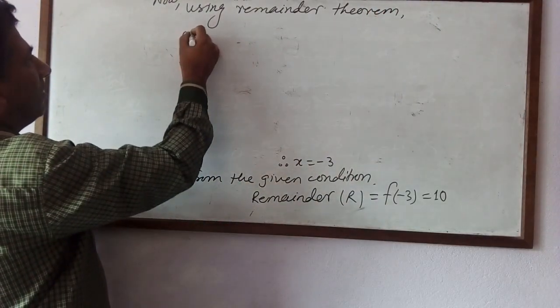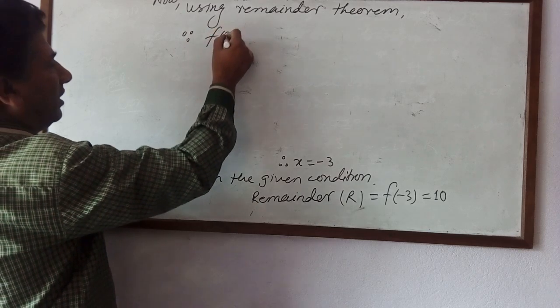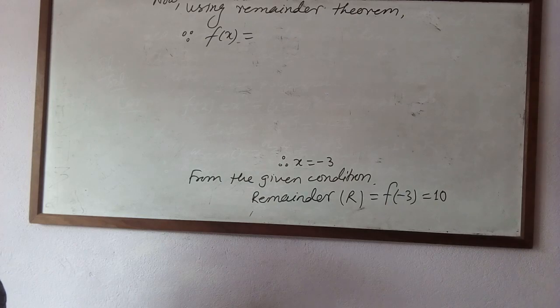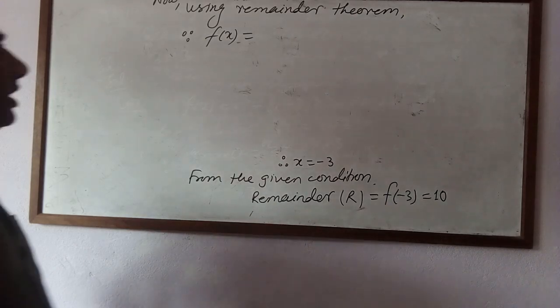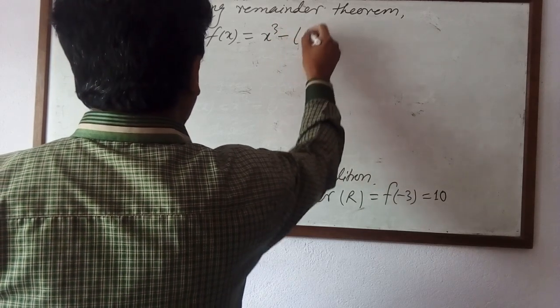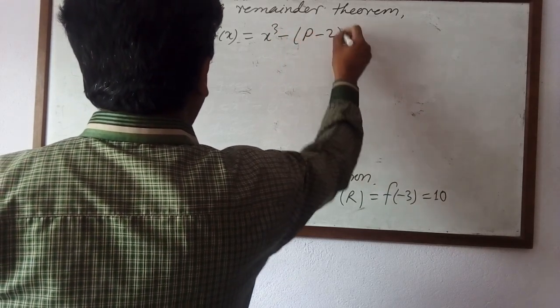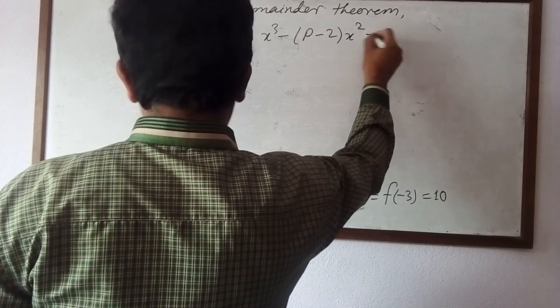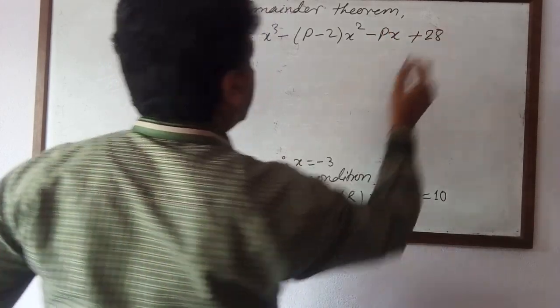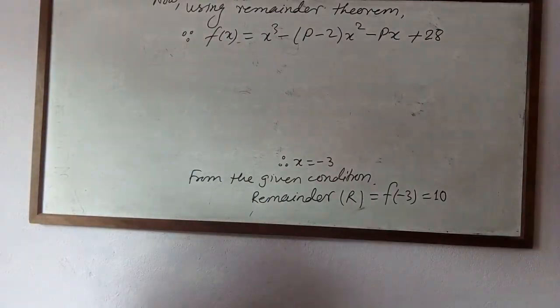Since f(x) is our polynomial, f(x) is x cubed minus (p minus 2) x squared minus px plus 28. This is our given polynomial.